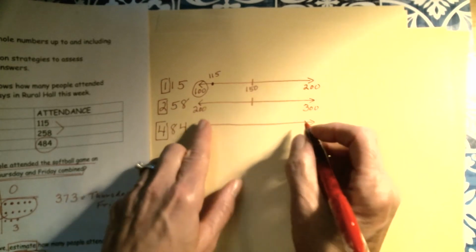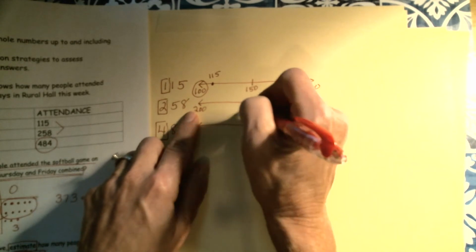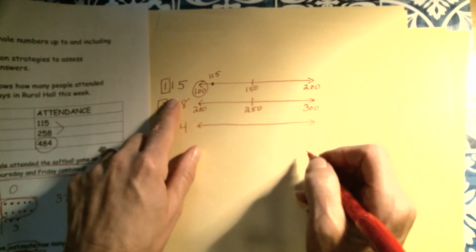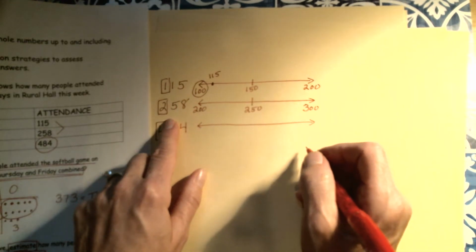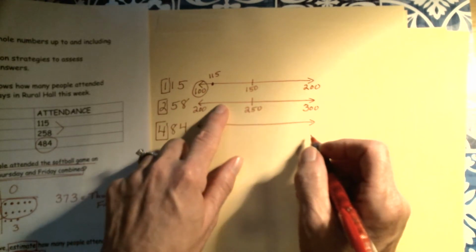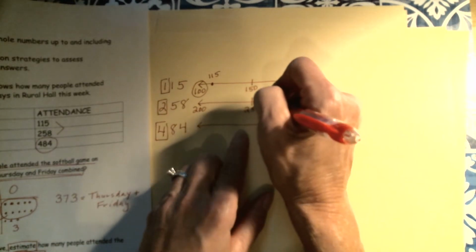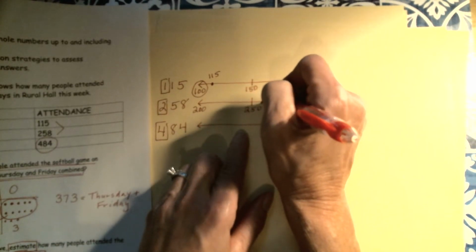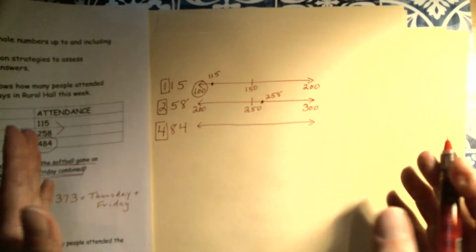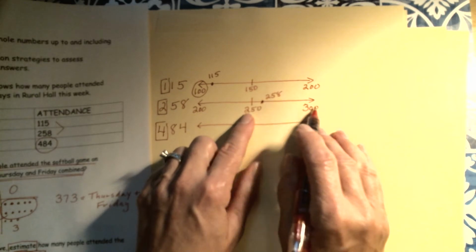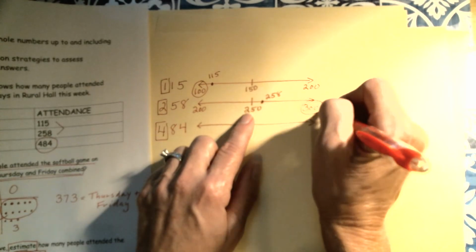In the middle of 200 and 300 is 250. I look at 258 and ask, is that less than 250 or more? Well, 258 is more, and I'm not going to be super picky about where I put it. The main thing is that it's closer to 300.